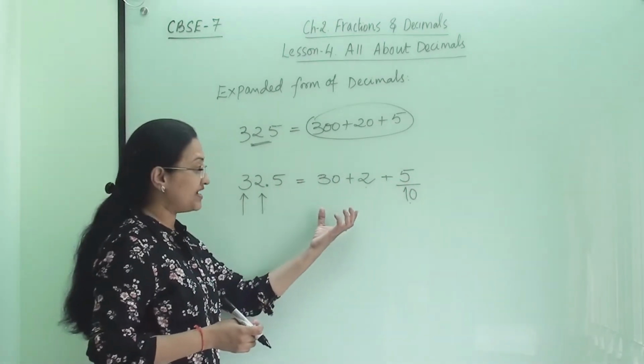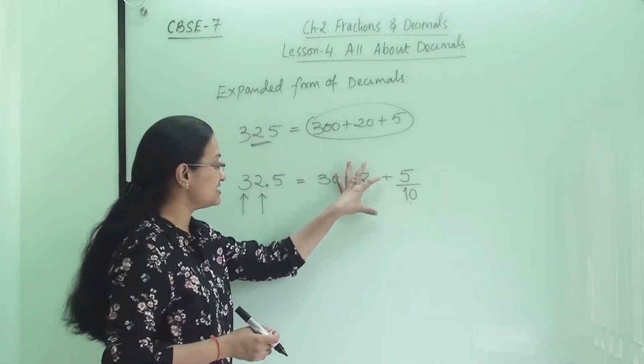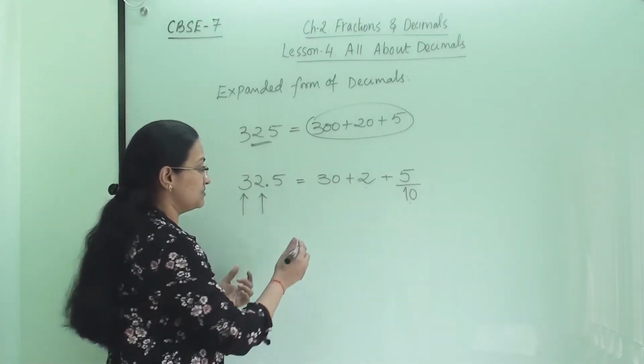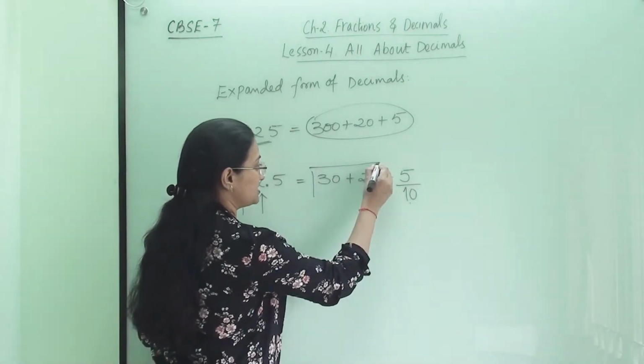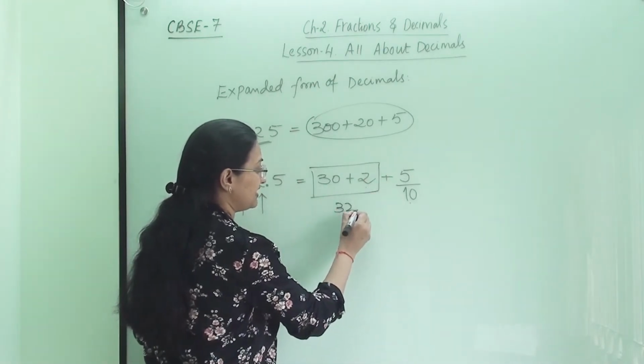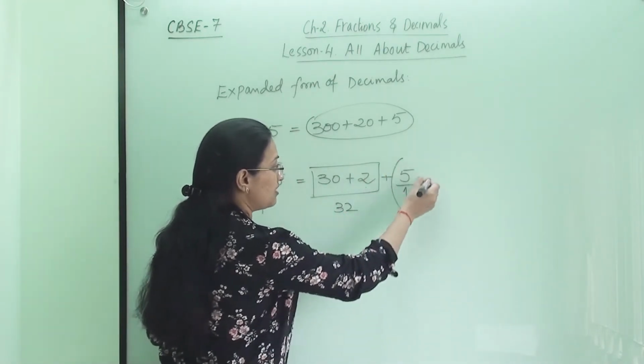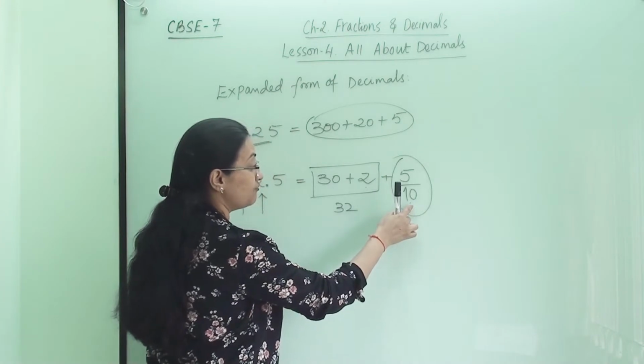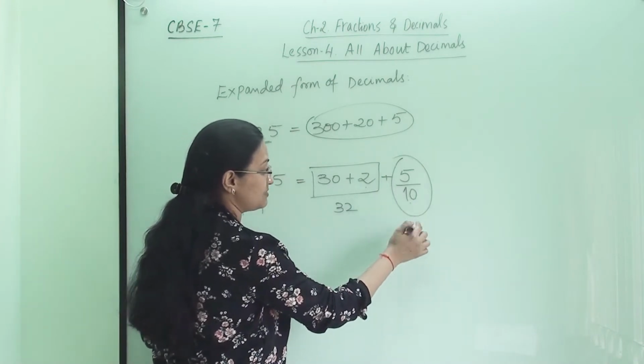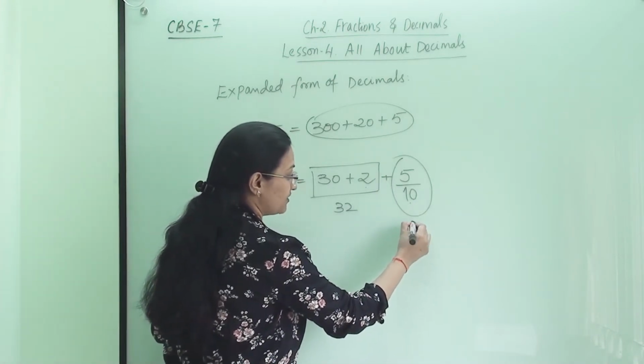Now according to expanded form, when we add these numbers, we should get the original number. First we add 30 plus 2 and get 32. Now what is the decimal form of 5 over 10?